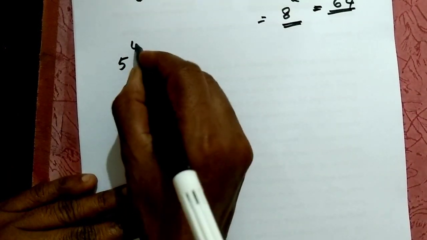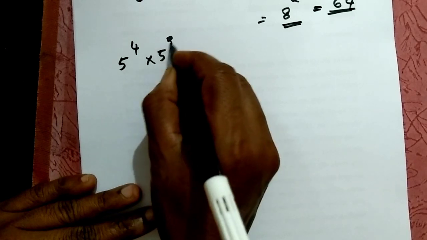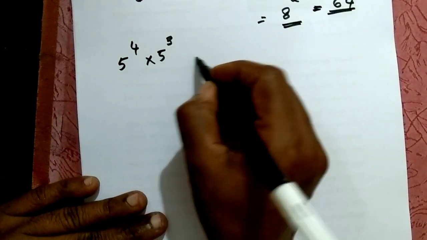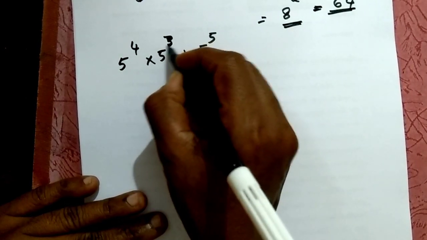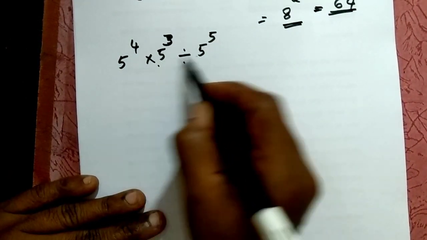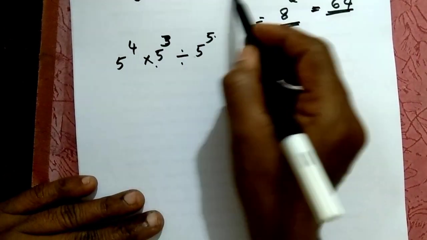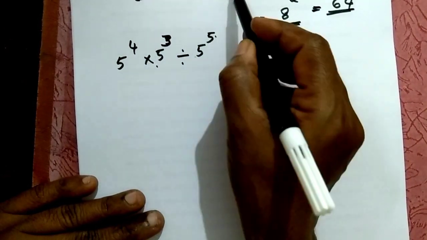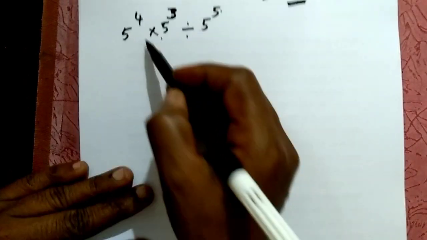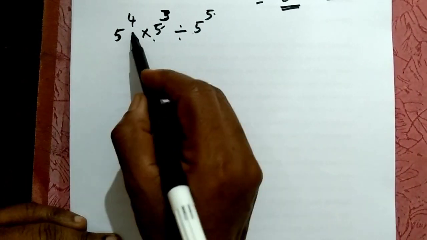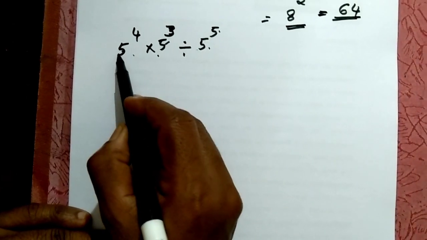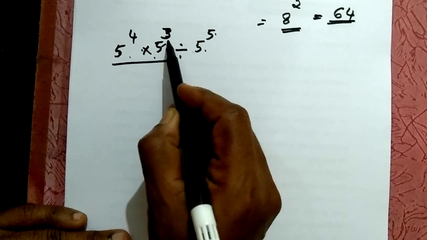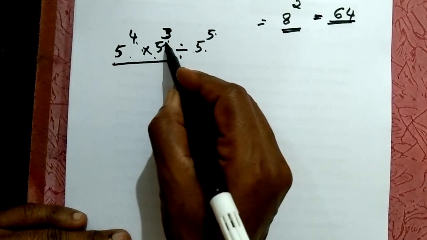Okay. Then 5 raised to 4 into 5 raised to 3 divided by 5 raised to 5. Here we have learned the product of exponential numbers. Here 2 exponents are multiplied and 1 exponent is divided. So 5 raised to 4 into 5 raised to 3 is a raised to m into a raised to n form.